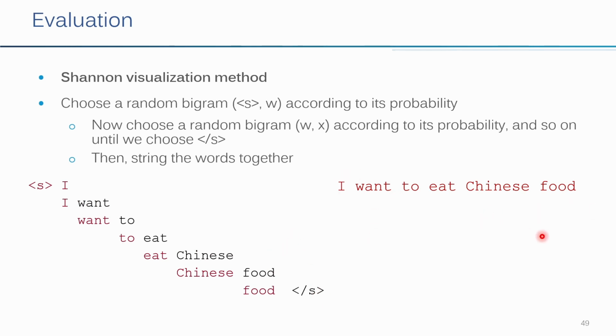Therefore, this sequence is more likely to occur than, say, I want to eat North American food or something like this. Of course, this is highly dependent on the corpus.